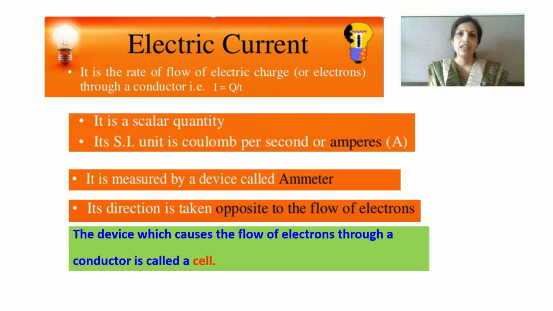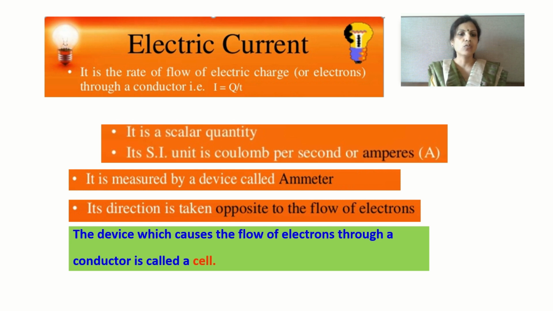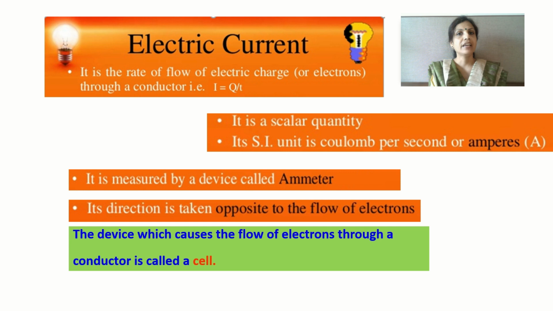The electric current is a scalar quantity and its SI unit is ampere, denoted by the capital letter A. Now looking at the formula I is equal to Q upon T, the SI unit of charge is coulomb and the SI unit of time is second.